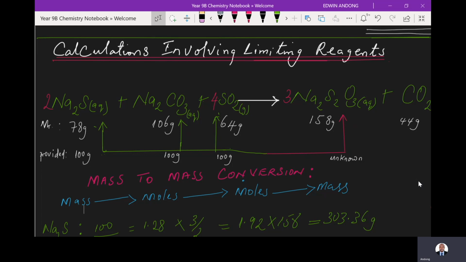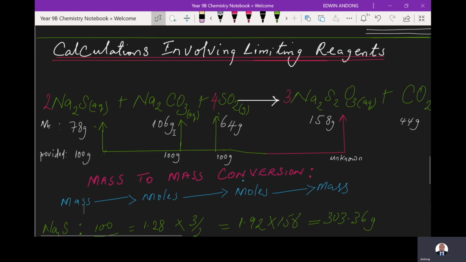For example, this is a reaction. We have been asked how much of the sodium thiosulfate will be produced by reacting 100 grams each of sodium sulfite, sodium carbonate, and sulfur dioxide.